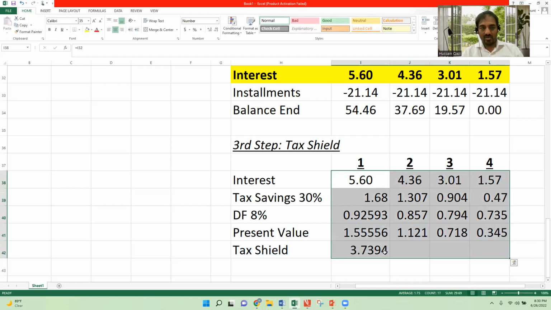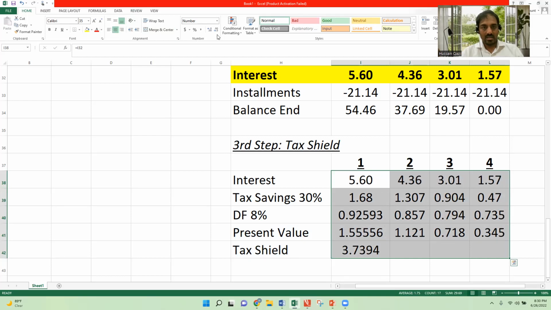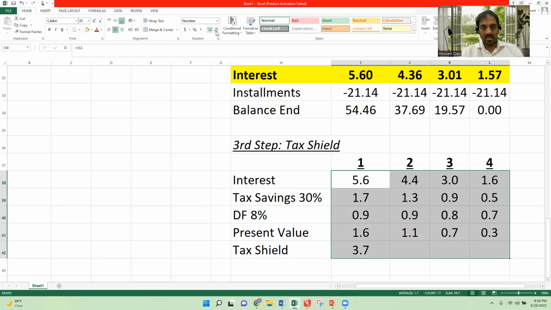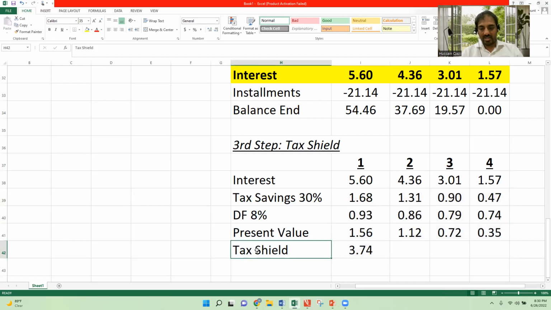So this is the total. And tax shield 3.74.